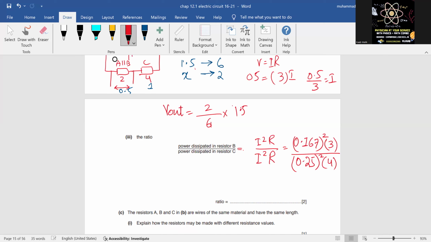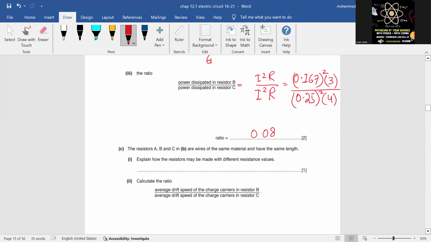Okay, so just solve it. Sir, 0.08. 0.08. Fine. Okay, let's move on.